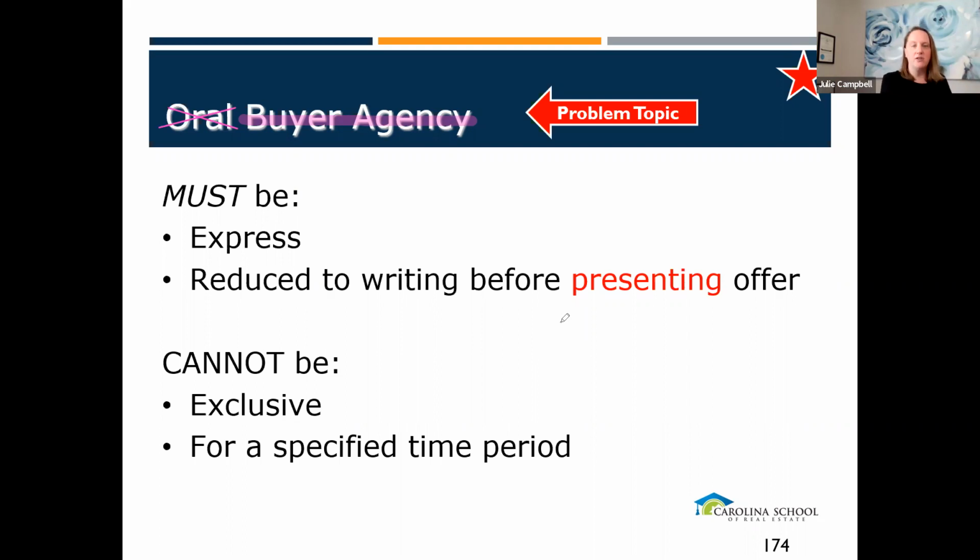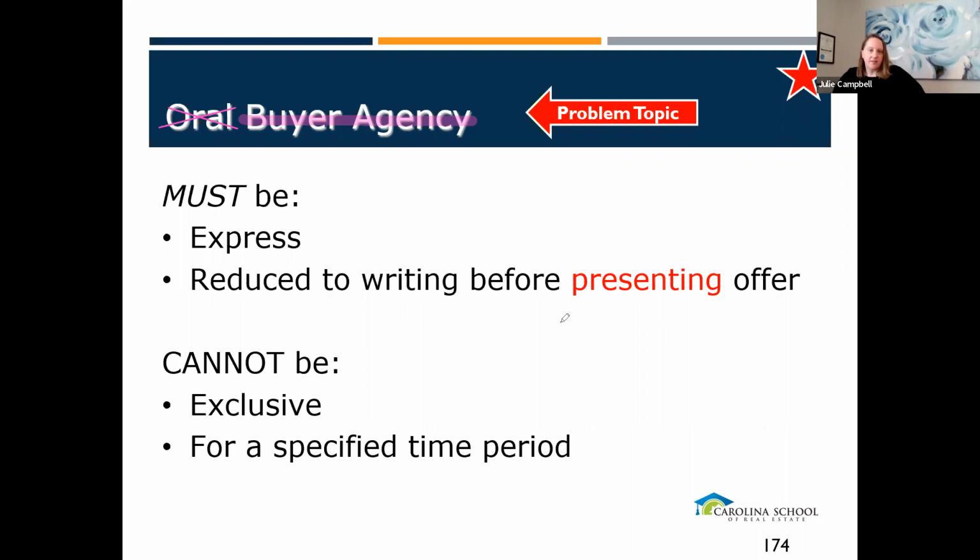We're still talking about the duties that I owe you. We're still talking about our relationship. We still talk about dual agency. I can have an oral yes to dual agency when I'm working with an oral buyer. So even though it's oral at first, it's still express, meaning the terms have been clearly stated.